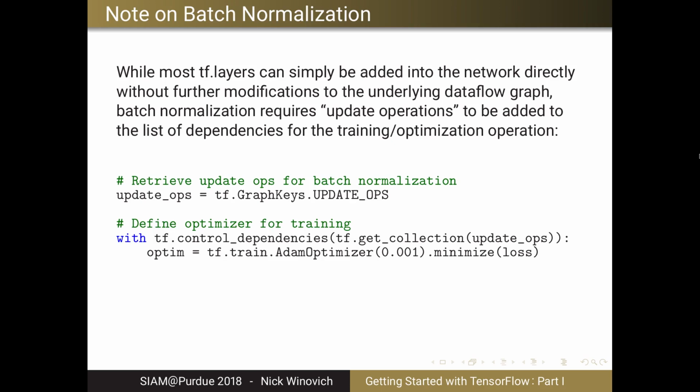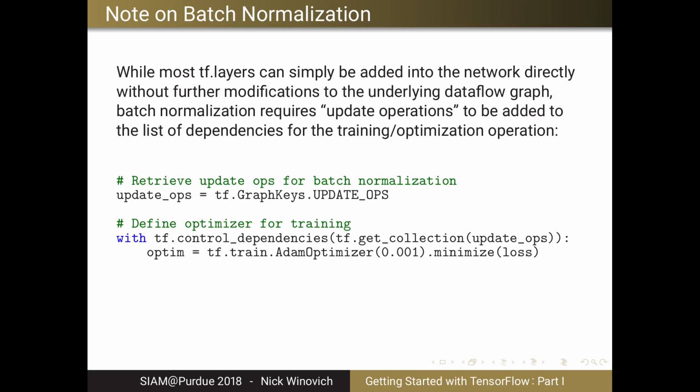One additional note that I want to mention, and again, these are just things that are very easy to miss, so I want to highlight. When you are using batch normalization, which we'll discuss more tomorrow when we go into the theory, it's not sufficient to just include tf.layers.batch_normalization in your graph. You need to tell your optimization algorithm that you are using batch normalization by assigning these control dependencies and these update ops.